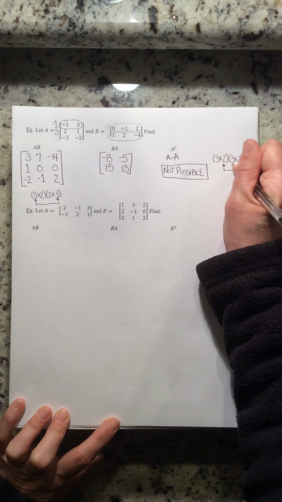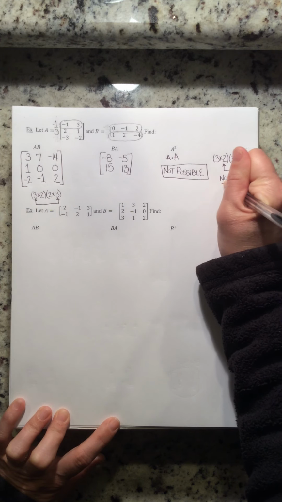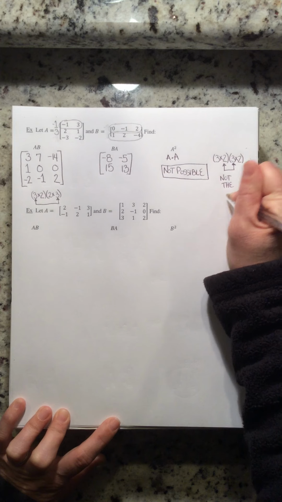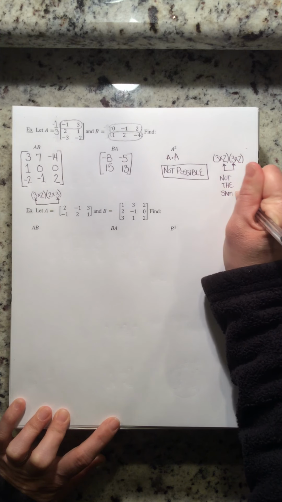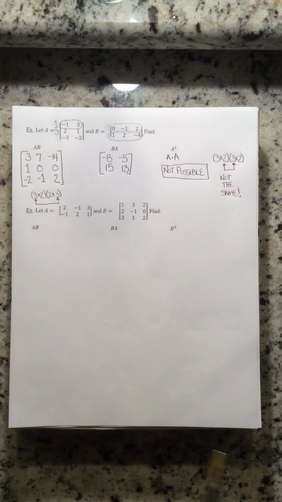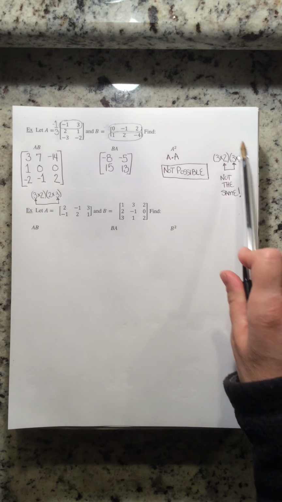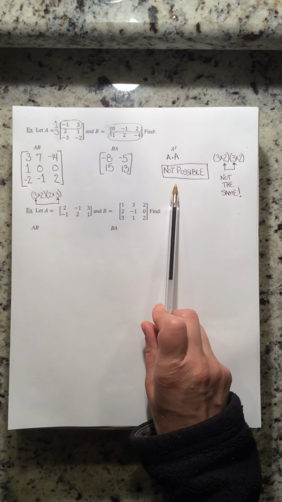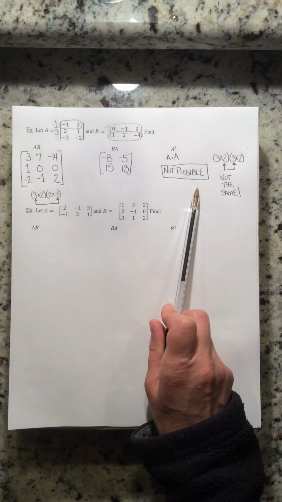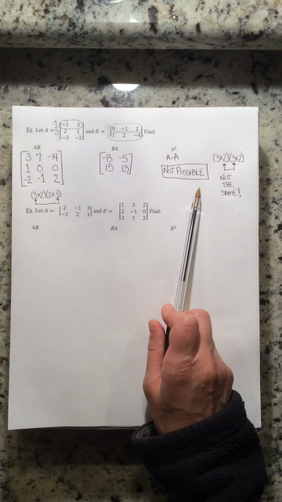And this is why that matrix multiplication is not possible. When you're doing a problem like this, you don't need to show the reason why it's not possible. You just need to write down the fact that you know it's not possible.